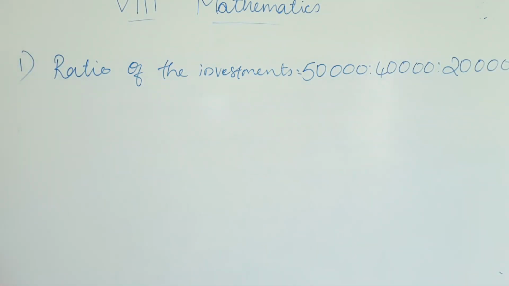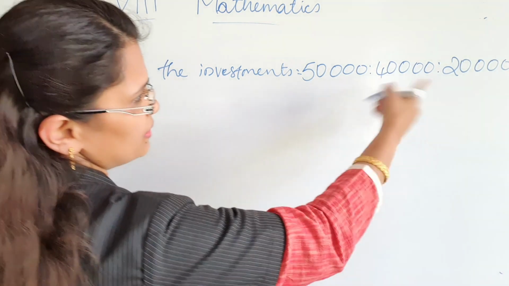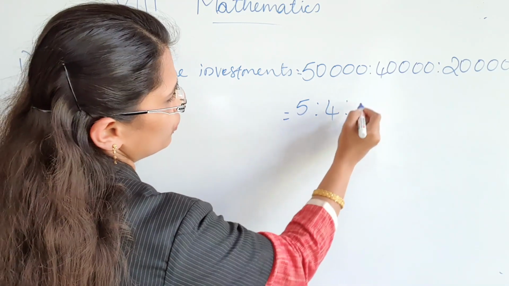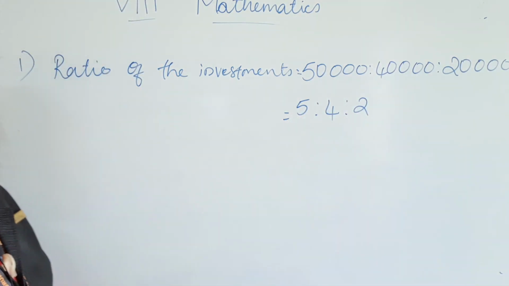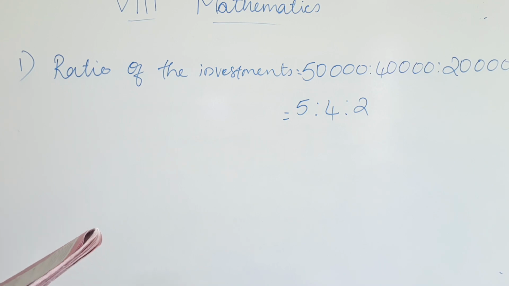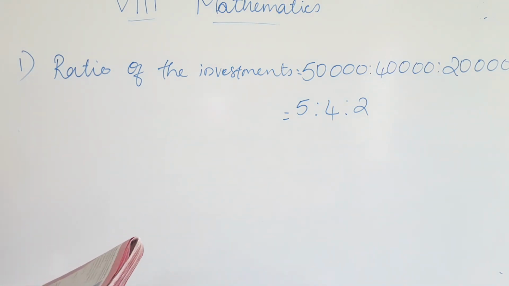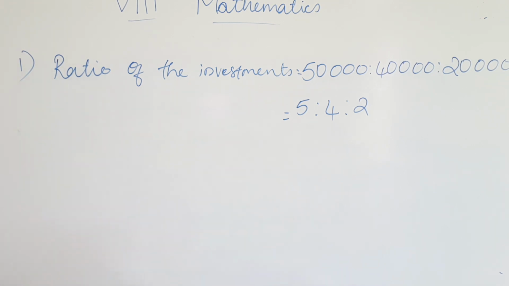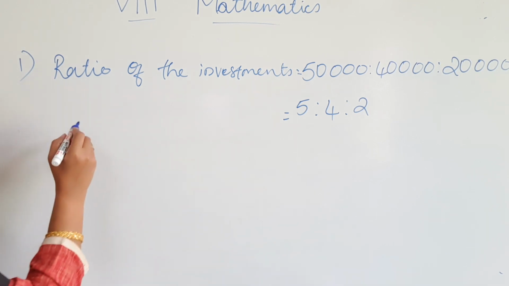So, how to find out the ratio, children? Cancel this 0. So, is equal to 5 is to 4 is to 2. Then what is given? They got 3,300 rupees as profit in a month. That means profit you have to write. Profit of 1 month.